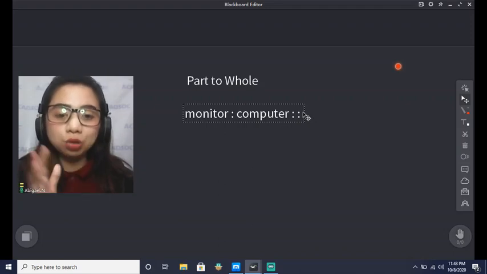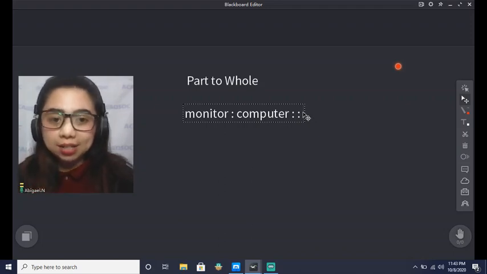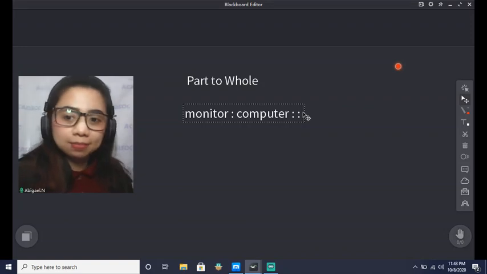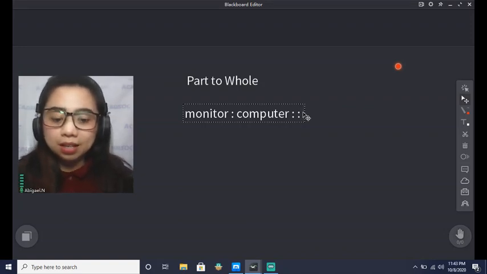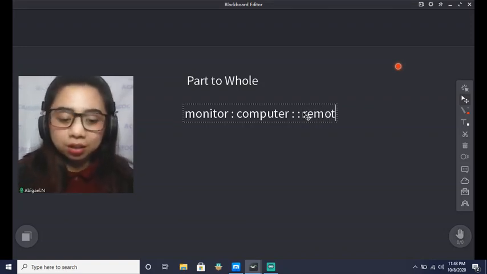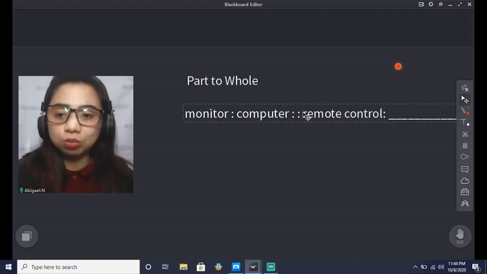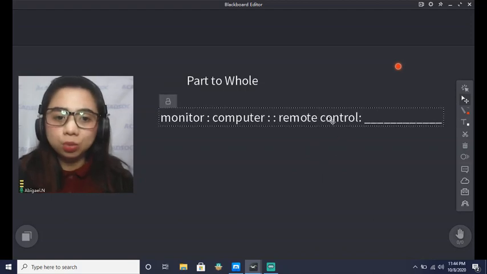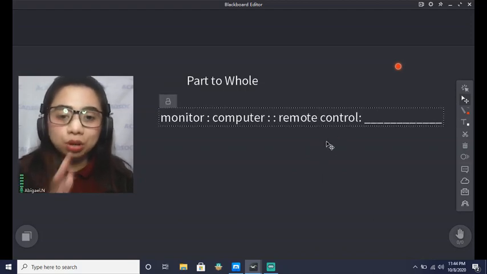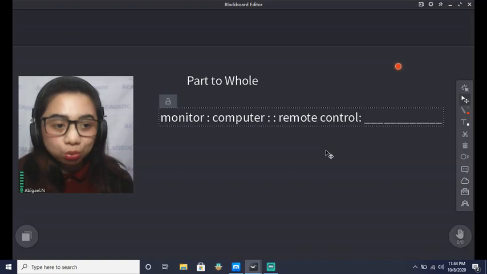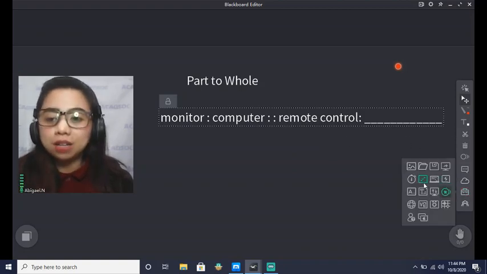Monitor is to computer as remote control is to... okay, yeah, this one.